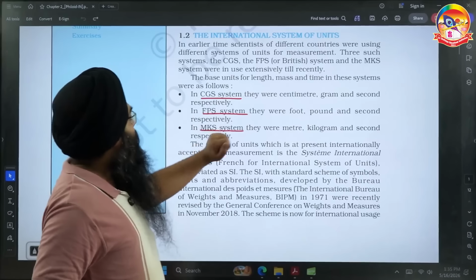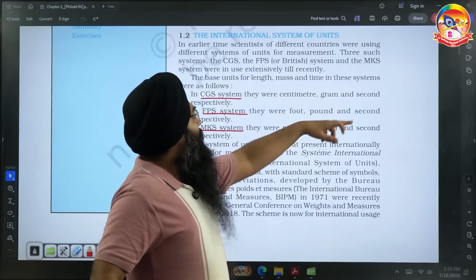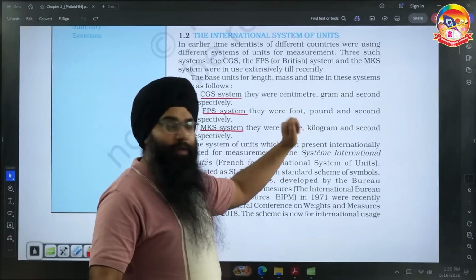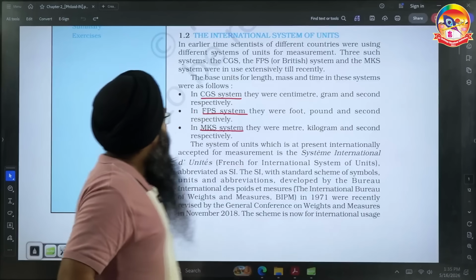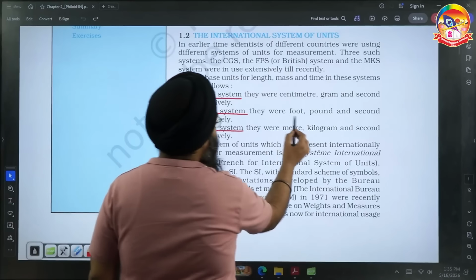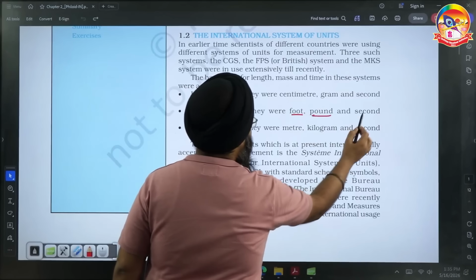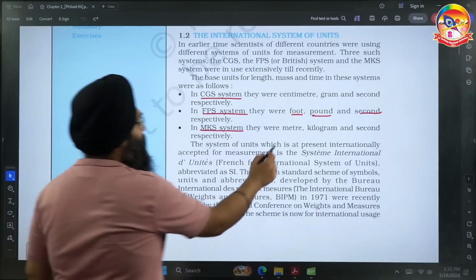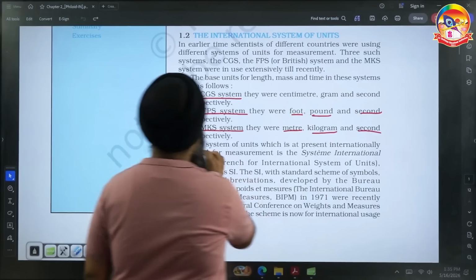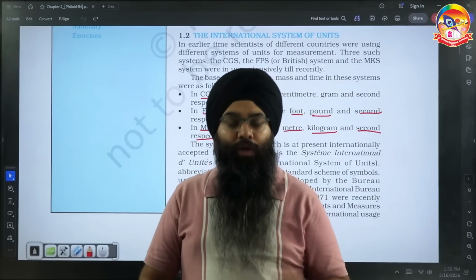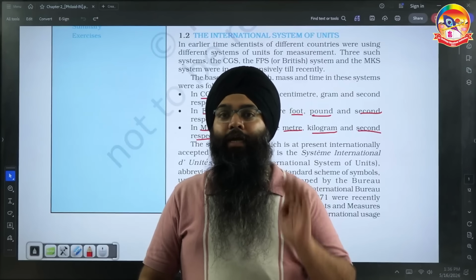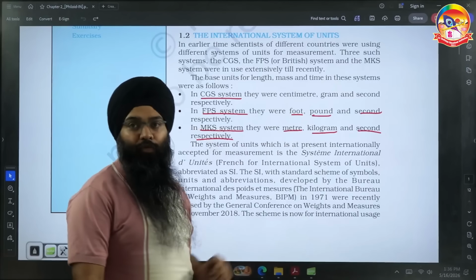The CGS system refers to centimeter, gram and second: the unit of length is centimeter, the unit of mass is gram, and the unit of time is second. In the FPS system, we use foot, pound and second. And in the MKS system, we take meter, kilogram and second as the units. So in all these three systems, three fundamental quantities were there: length, mass and time, and the units are also written in front of you.